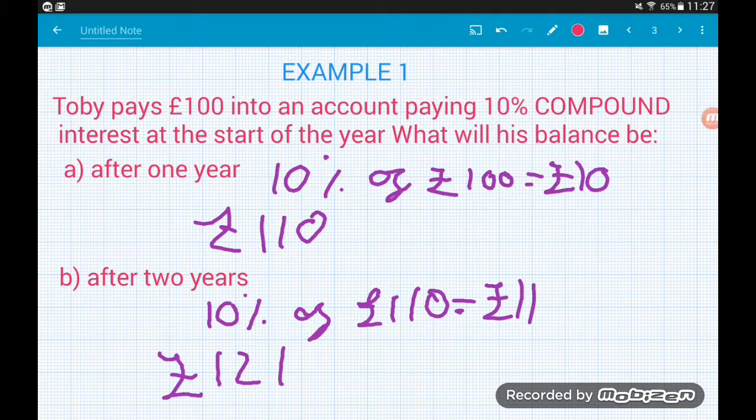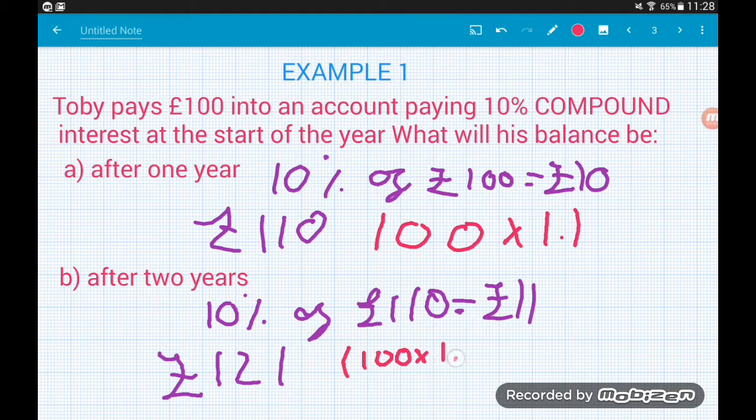Cool. Now, I just want to talk a little bit about multipliers before we get on to the slightly more complicated questions. What have we done here in terms of multipliers? After 1 year, we increased £100 by 10%. So the multiplier that we would have used there would have been 100 times 1.1, and that would give us 110. Now for the second year, in the first year we did 100 times 1.1, so that's our balance after the first year.